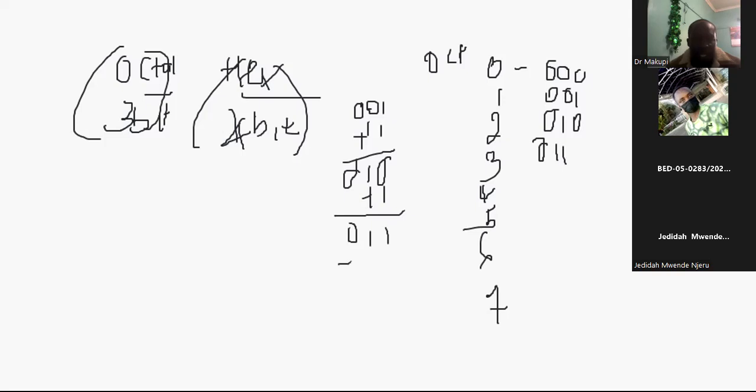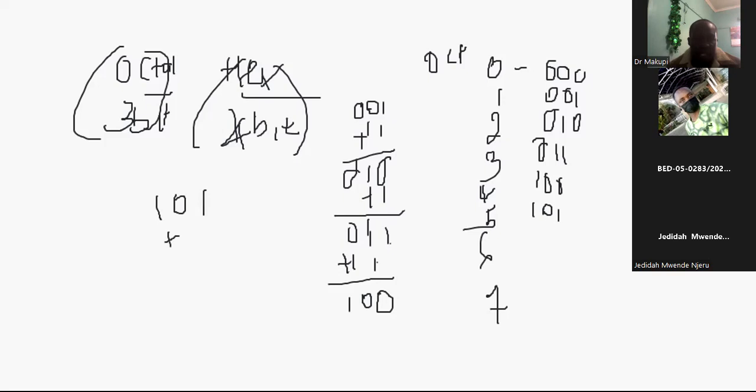Now plus 1. So 1 plus 1 is 0 carry 1. So 1 plus 1 again, 0 carry 1. It becomes 1, 0, 0. Again, add 1. If you add 1 here, it becomes 1, 0, 1. What I want to emphasize is 1 plus 1 is 0 carry 1 in binary.